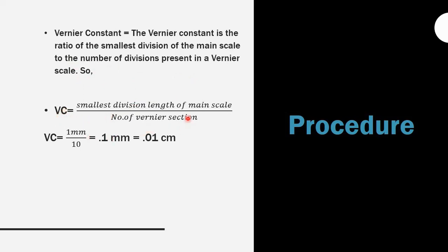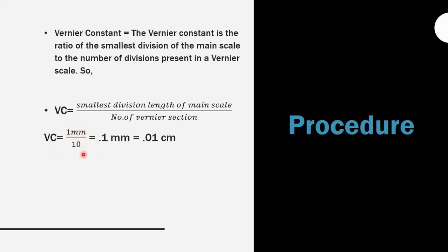If you have 10 divisions in 1 centimeter, then the smallest division of the main scale is 1 millimeter, because 10 divisions make 1 centimeter, so each division is 1 millimeter.